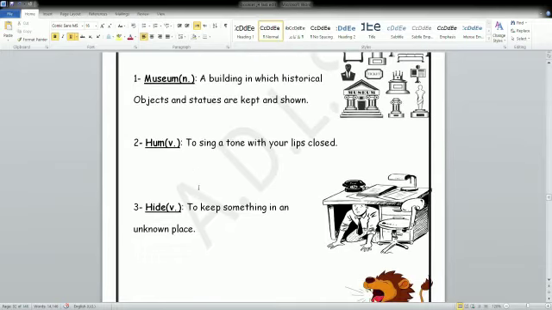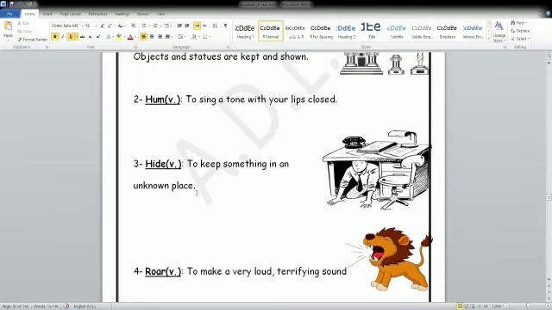Next, we have the verb hum, to sing a tone with your lips closed, to make a sound like singing without moving your lips.